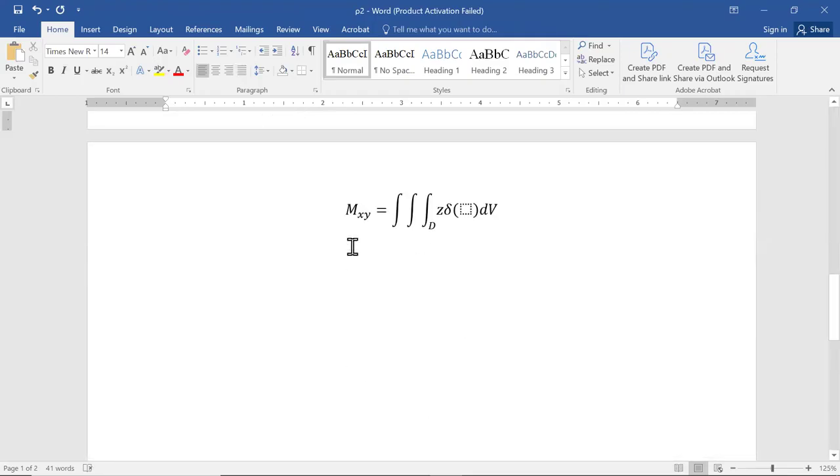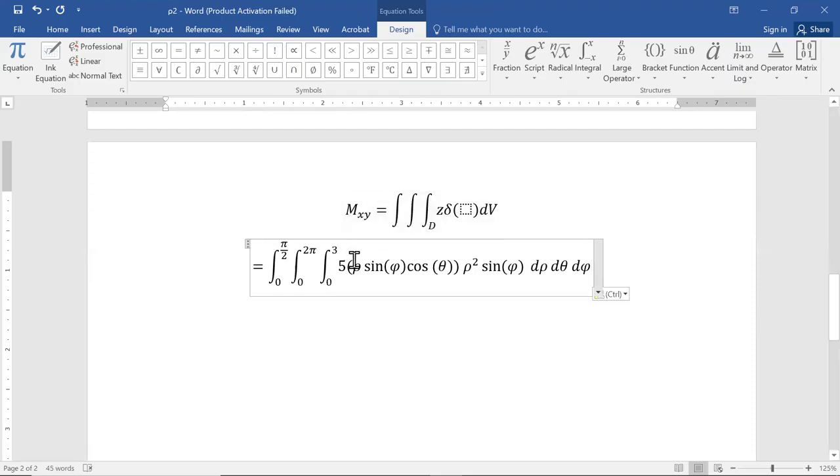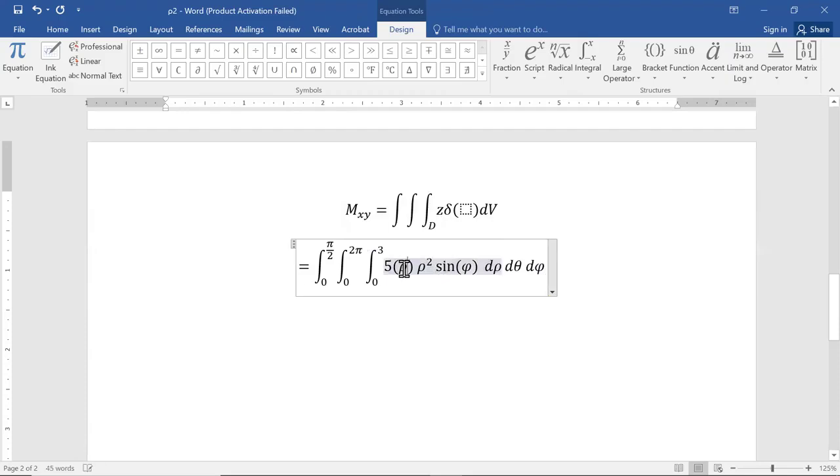Now, if only we were so lucky in the third coordinate too. We're not going to be that lucky when we find the z value. So when we're looking at the moment from the xy plane, instead of inserting an x or inserting a y, I insert a z. And if you remember, z is rho times cosine of phi.